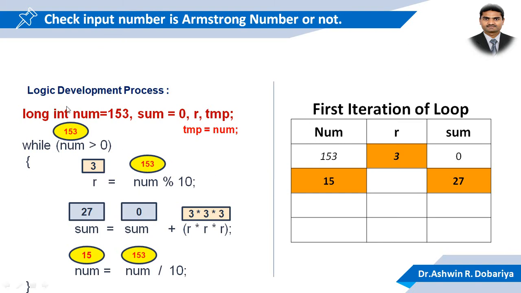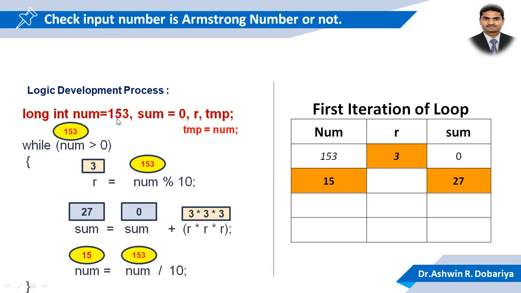Definitely the first variable is the input number. For example, num is a variable. Then sum, which we have to calculate of the digits, and the initial value of sum is 0. Then to separate the last digit, meaning each and every digit, the remainder variable is r, and we have taken a temporary variable because at last we have to compare our original number with the sum.